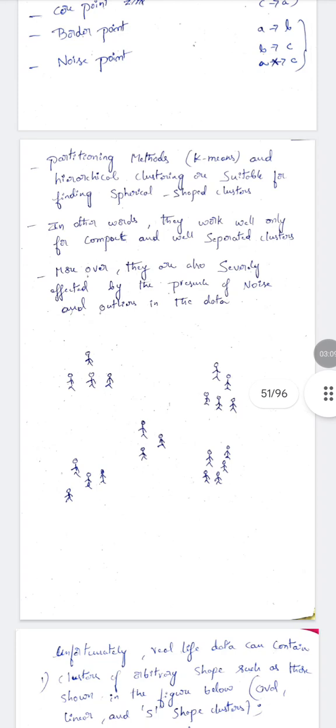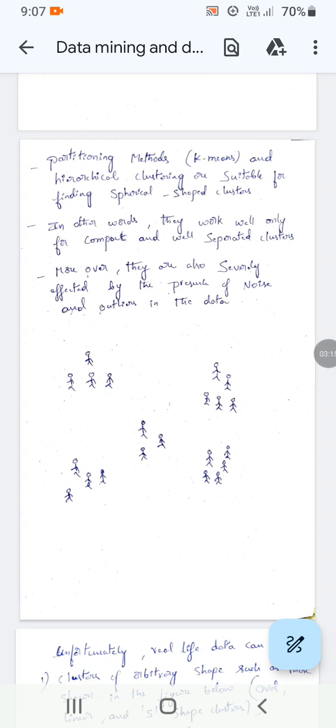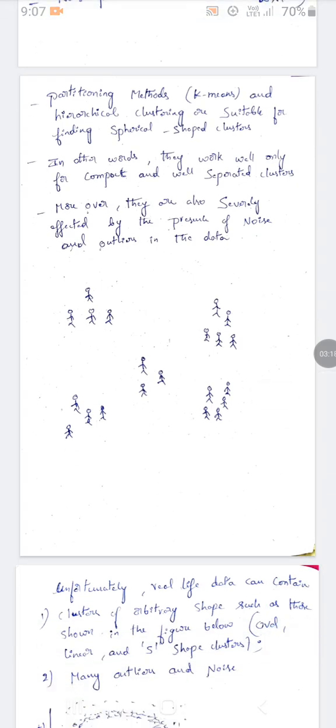In other words, they work well only for compact and well separated clusters. That means they consider only what is within the boundary of the particular spherical shape, not what is outside it. Those spherical shapes are considered.